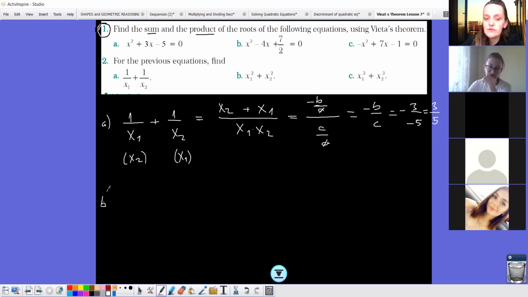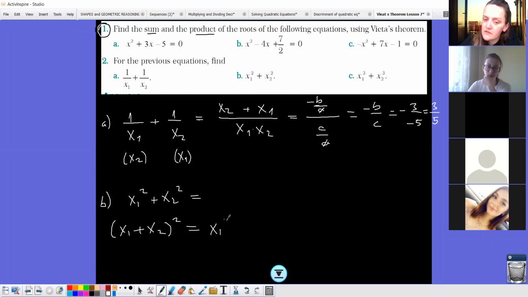So in B, what will we do? We have x1 squared plus x2 squared. What do you think? What will we do in this case? The binomial of the two, or not? The binomial, teacher: x1 plus x2 in parentheses to the power of 2. Let's see what x1 plus x2 squared will be. How will it be when we open this one?